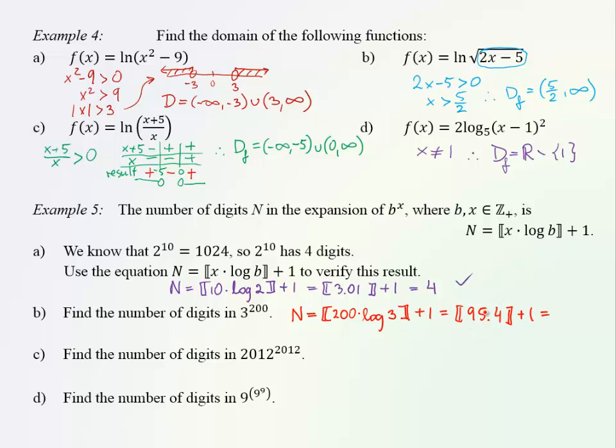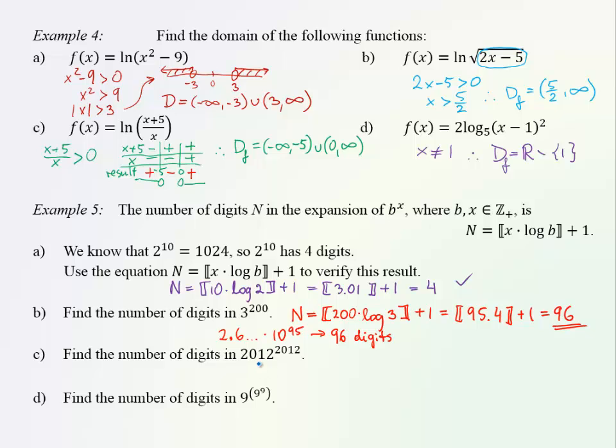That means that I have 95 here plus 1, so it's really 96. And in this case, you can actually plug in 3 to the 200 to your calculator, and you will end up with something that's written in scientific notation. You can see on the screen 2.6 and some other digits times 10 to the 95. So since the decimal is here and we have 95 more digits, plus this 1 digit in front, it's really 96 digits.